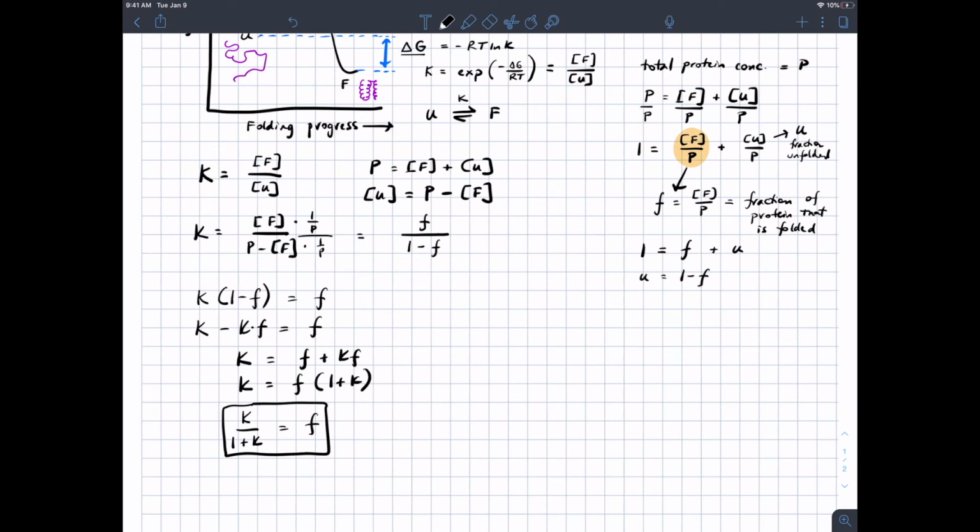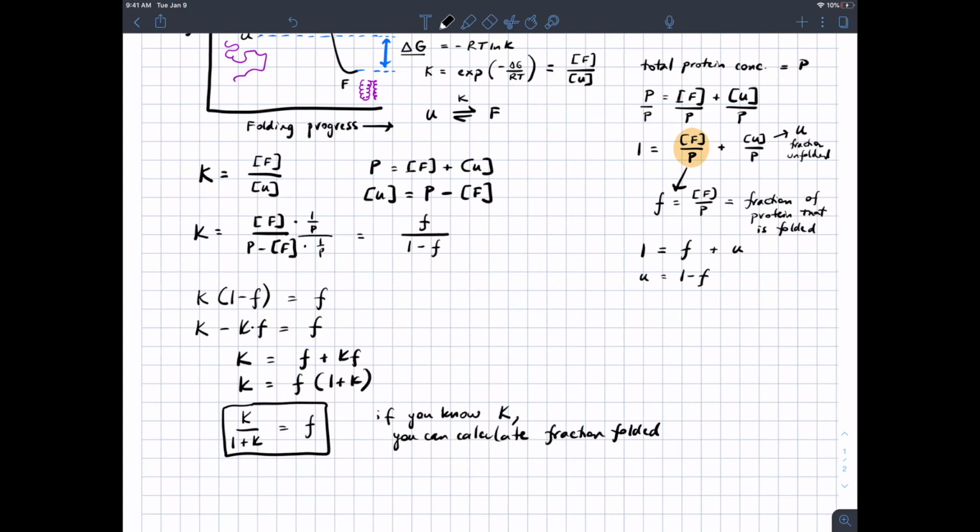What this tells us is if you know the equilibrium constant, you can calculate fraction folded. Seems obvious, but this is a key relationship for the monomer folding and unfolding equilibrium.